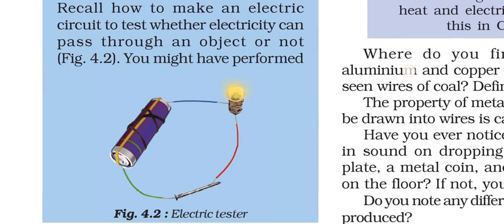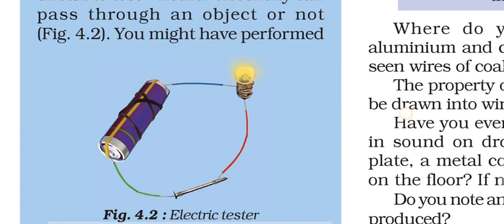Now this is so obvious with an electric tester. For the electric tester we have wires connected with a battery and a bulb. You can take a bulb, and a battery or a cell. Battery means a collection of cells. So we have a simple tester here which contains wires, a cell and a bulb, and we have connected an iron nail into this.